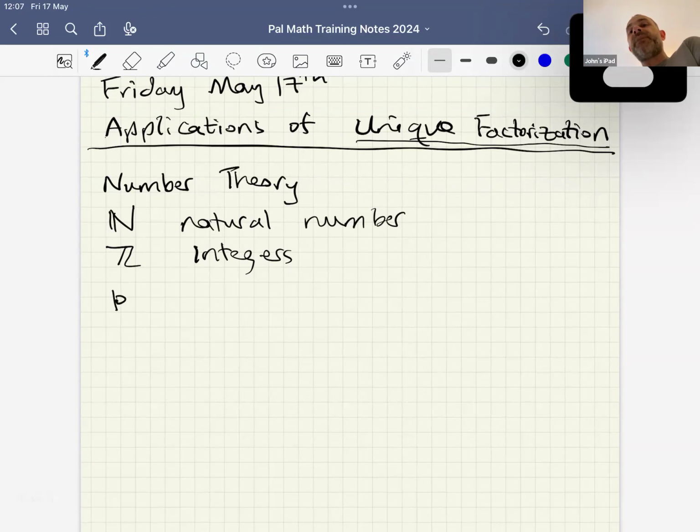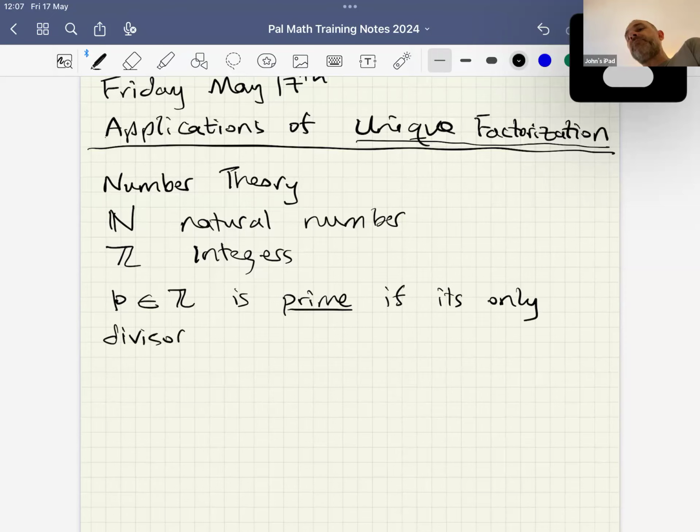P, an integer, is said to be prime if its only divisors are, well, you can always divide by 1 or -1 and the number itself.